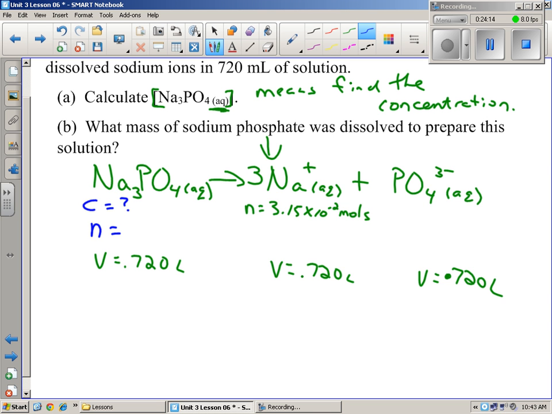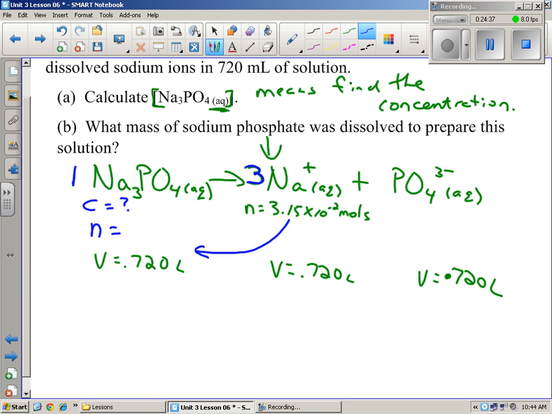How am I going to find N? Well, what else do we know? How can I find N? Well, look, I know N right here. Can I move that over to here? Remember, for every one of these, I get 3 of these. Yes? So, in this case, that's a 3-to-1 ratio, right? Or a 1-to-3, whichever way you want to look at it.